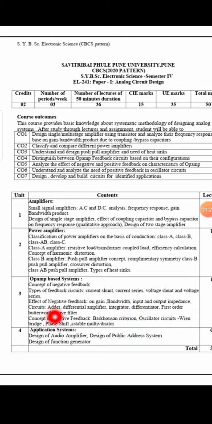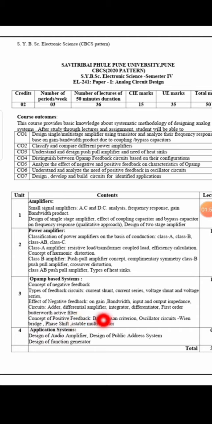Then the effect of negative feedback on gain, bandwidth, input and output impedance of the circuits. After that we are going to study adder, differential amplifier, integrator, differentiator, first order Butterworth active filter.